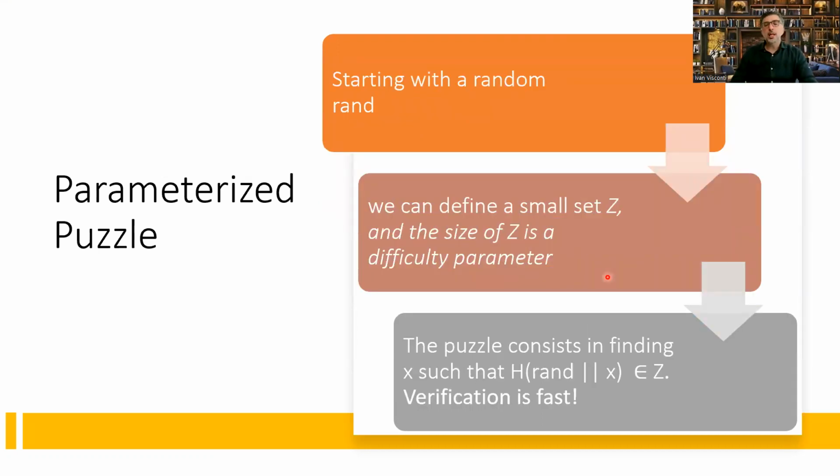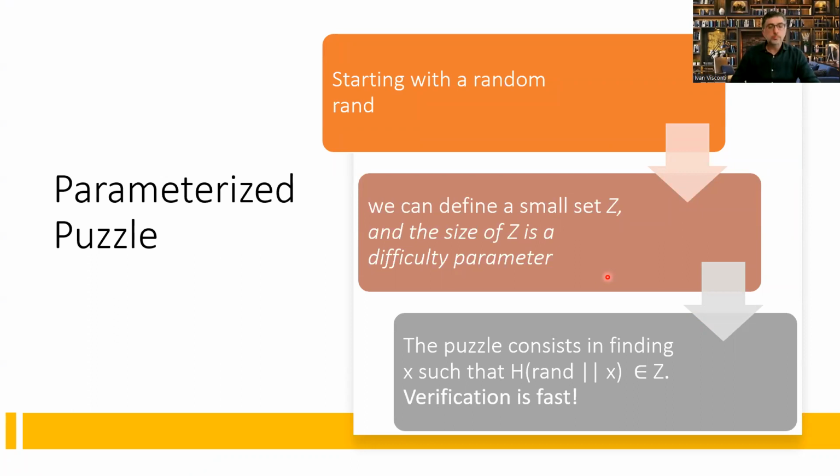How do we construct the puzzle with this idea? The puzzle is the following, very simple. Take H, that is, let's say, a cryptographic hash function, which means collision-resistant hash function with some abuse that I will discuss soon. And the goal is find X such that when you evaluate H on rand, a random string, concatenated with X, you get an output that belongs to the set Z. Okay?